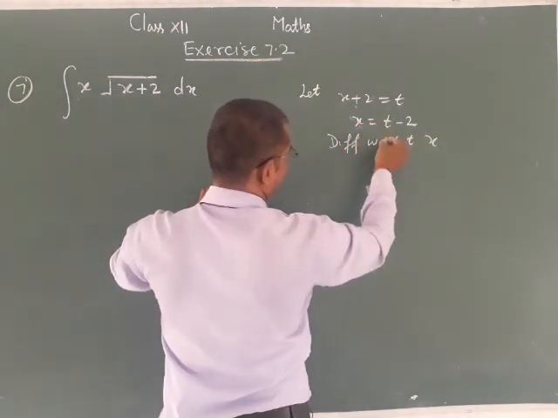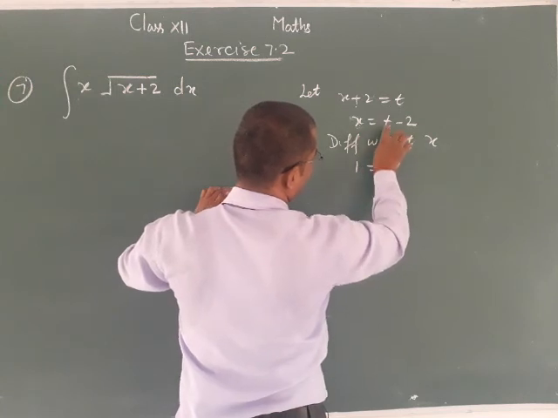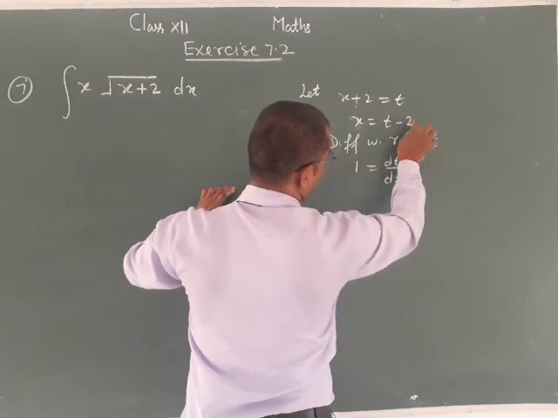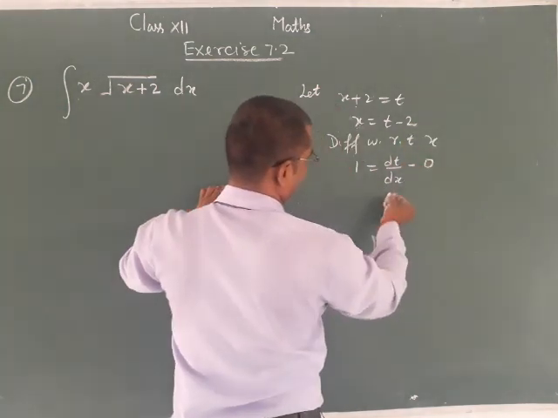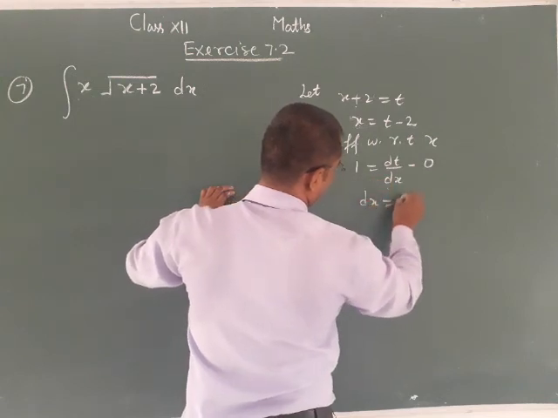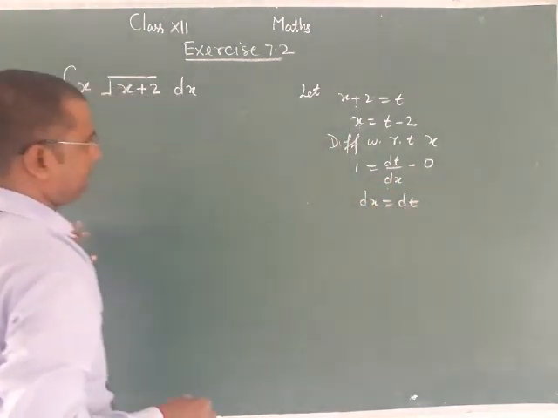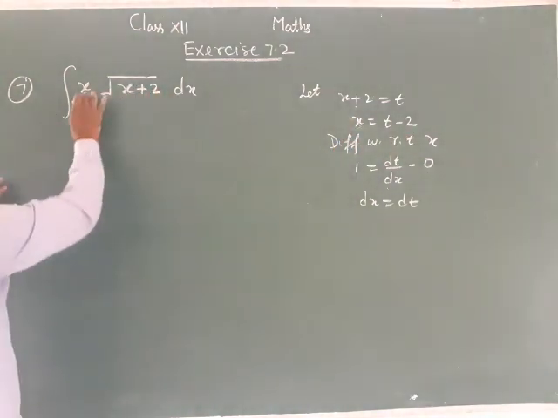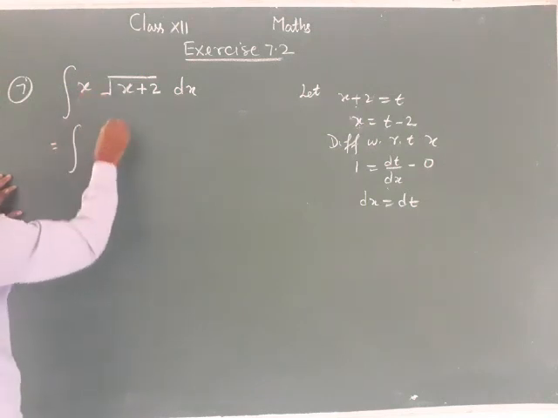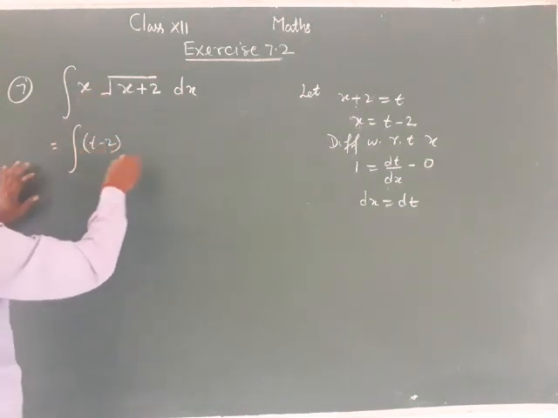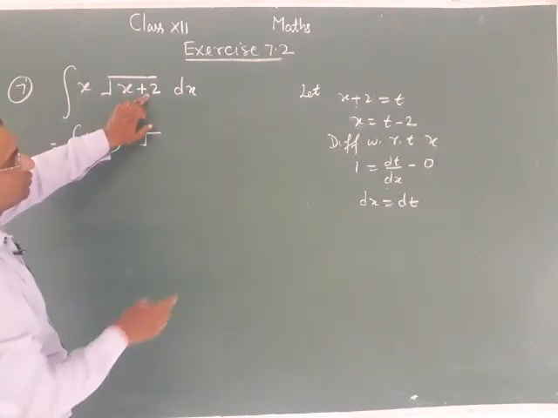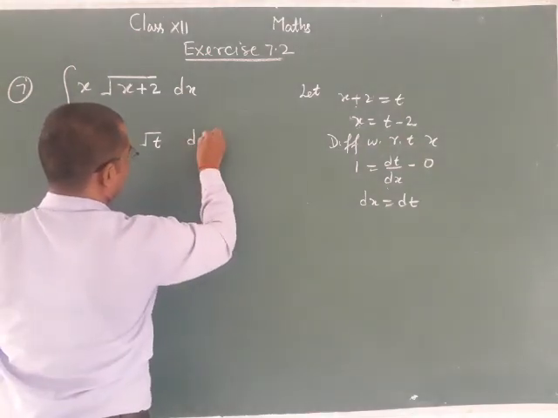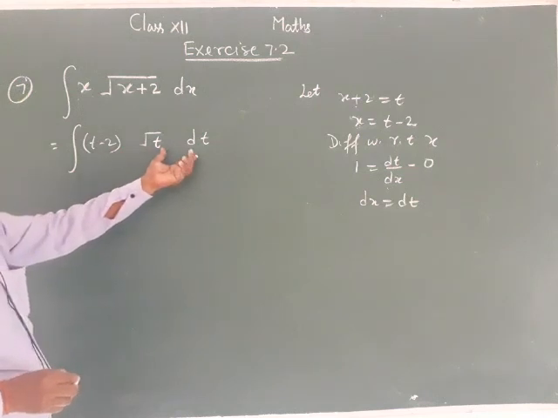The derivative of x is 1, equal to dt upon dx, and the derivative of the constant is 0. So dx is equal to dt. Now put x equal to t minus 2 in this place, and root(x plus 2) is equal to root t, and dx is equal to dt.